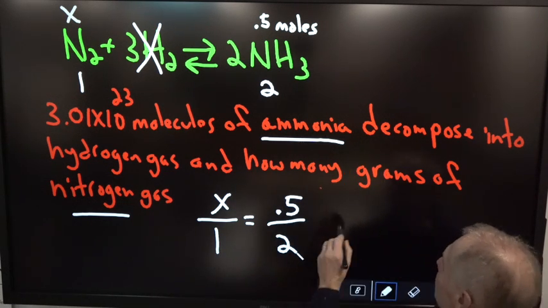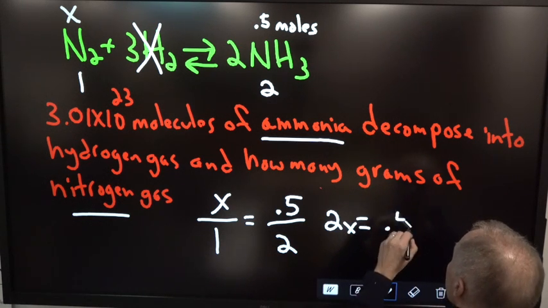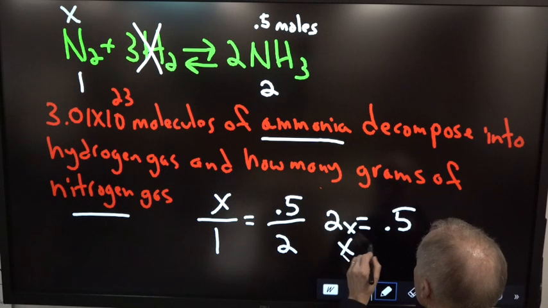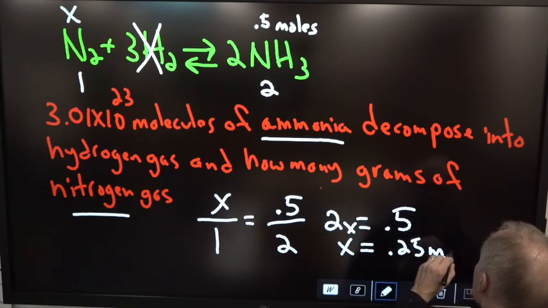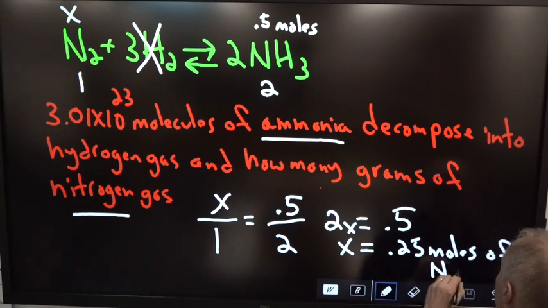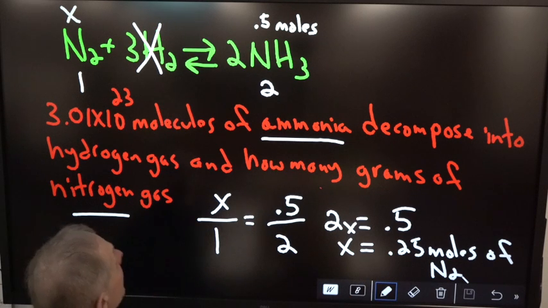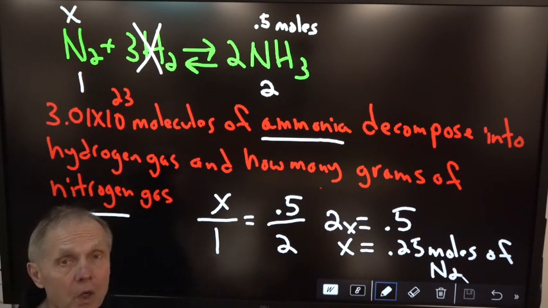So what that means is I have 2X equals 0.5. So X must equal 0.25 moles of N2. So I found out that X is 0.25 moles of N2.